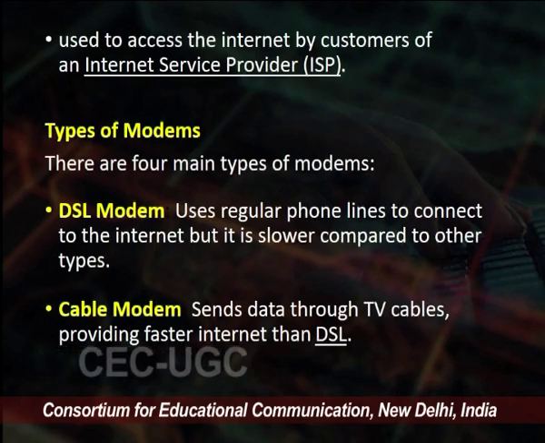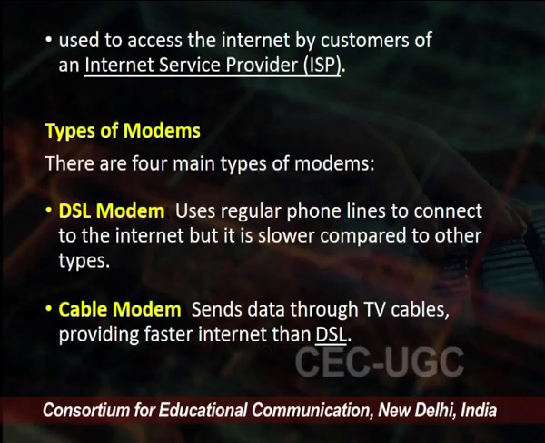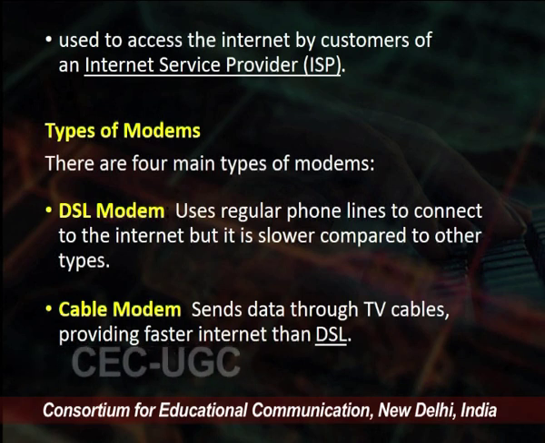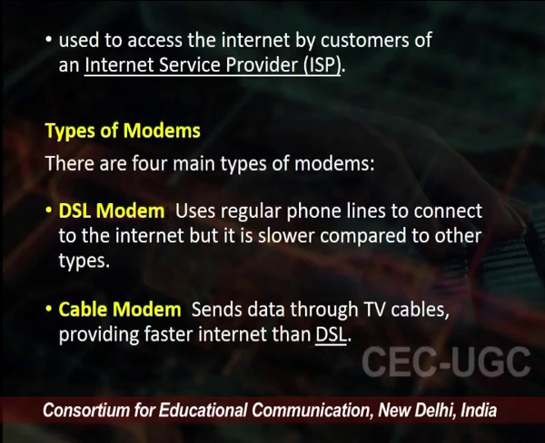DSL here is digital subscriber line. Then the next type of modem is the cable modem. This cable modem is used to send data through TV cables, and it definitely provides a faster internet than the DSL modem.